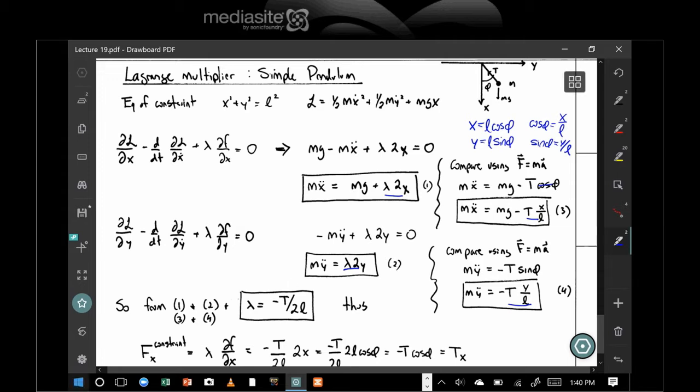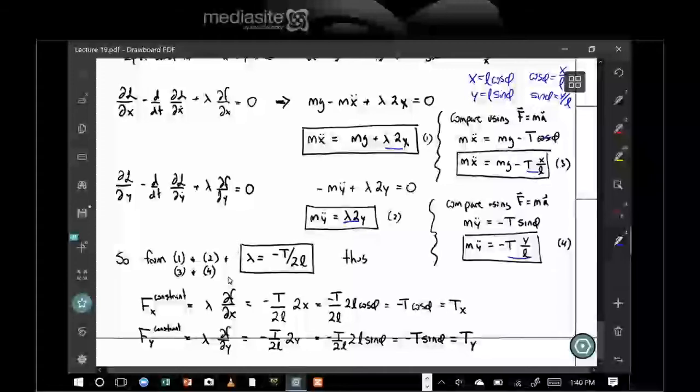I can now get the forces of constraint by taking those derivatives. So now the x component of the constraining force is going to be the multiplier times this partial derivative. I stick everything in. Now again, instead of having x, I'm going to use L cosine phi.